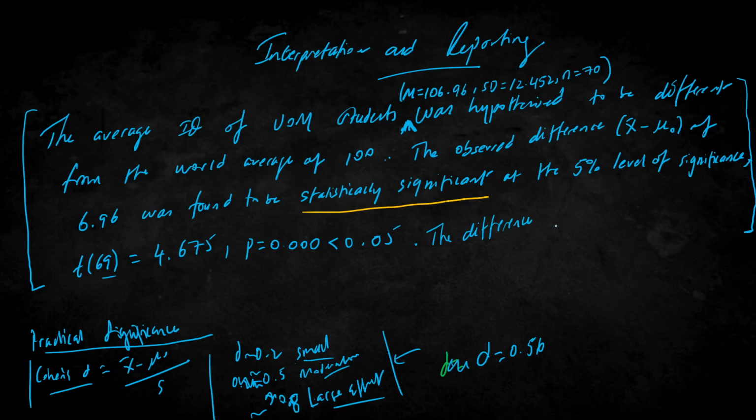So the difference between the estimated average IQ of students, we're referring to the difference of 6.96.